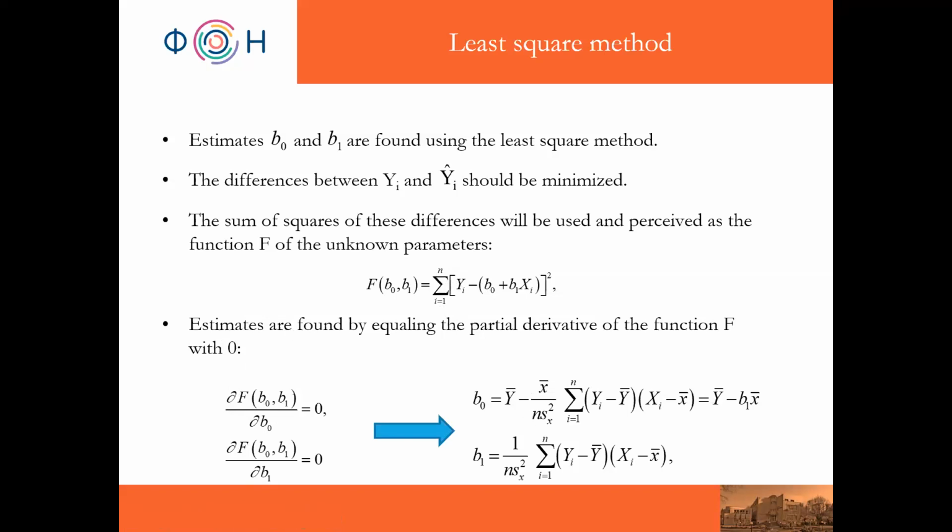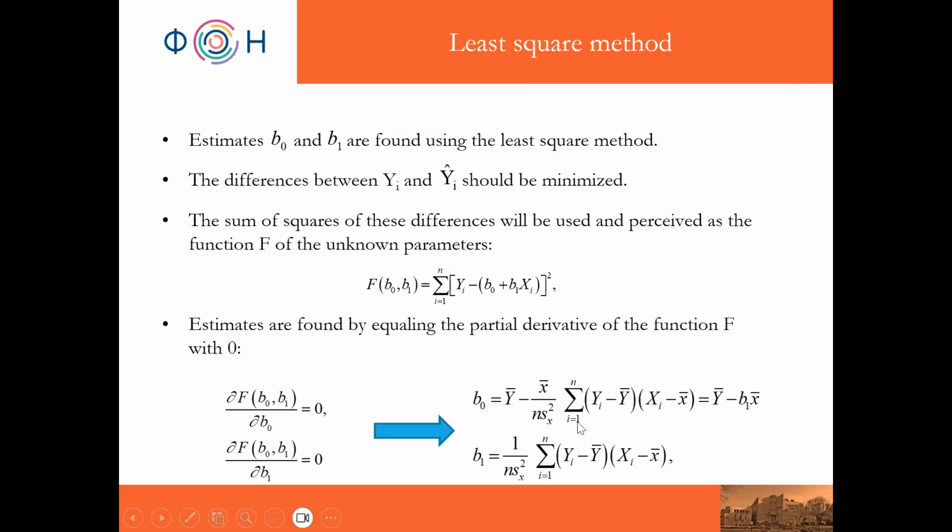How do we actually calculate B0 and B1? I mean, you don't need to learn these formulas. Software does it all for us, but it's good for you maybe just to have an idea what is actually happening behind, and what the software is in fact using, and how it works.